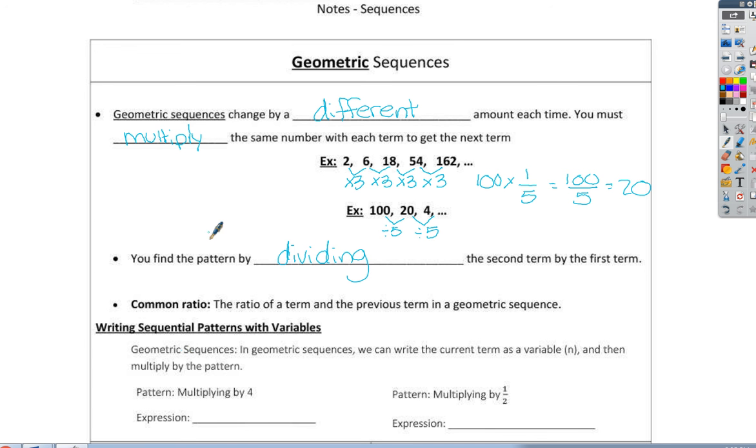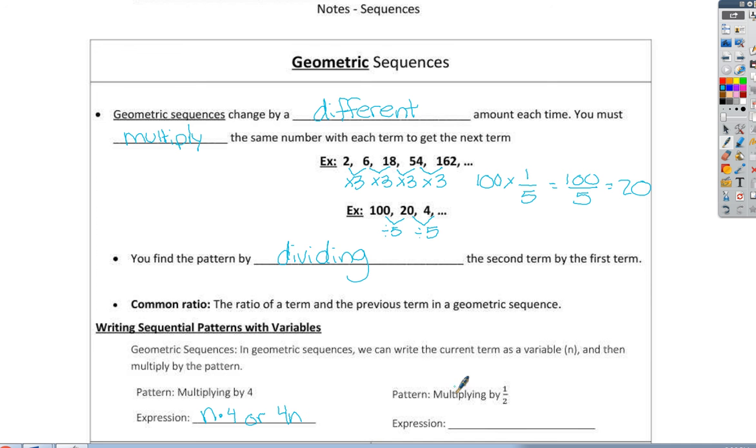So in geometric sequences, we can write the current term as a variable and then multiply by the pattern. So it says multiplying by 4. So our expression would be n times 4. So our number in our sequence times 4. Or we can also write this as 4n, because this means 4 times the number.